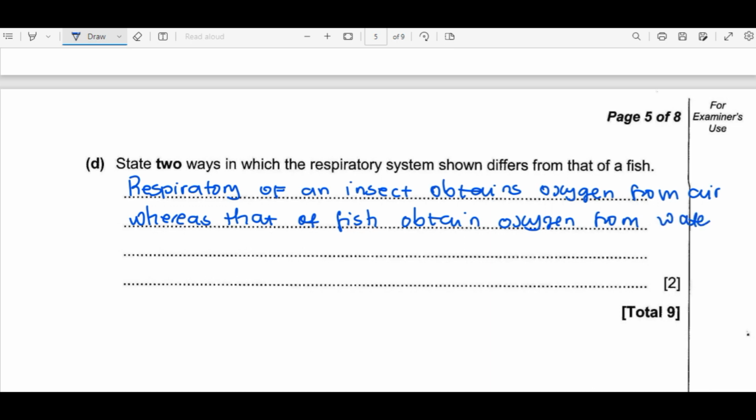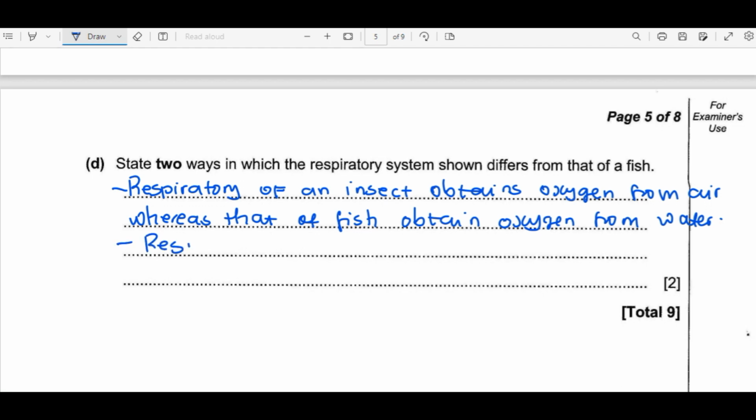So an insect is created in such a way that it can only get oxygen through air. That's why if you put an insect in water, it will not survive because the respiratory system is not meant for that. It is also true for the fish. If you take the fish out of water, it will also not survive.